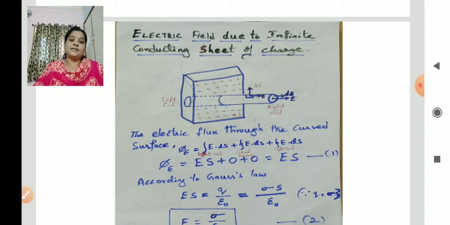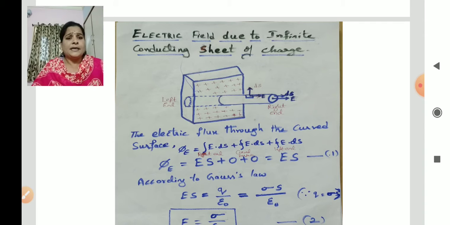Yesterday we dealt with the electric field due to an infinite long charge distribution. Today I am applying the Gauss law to find the electric field due to an infinite conducting sheet of charge.